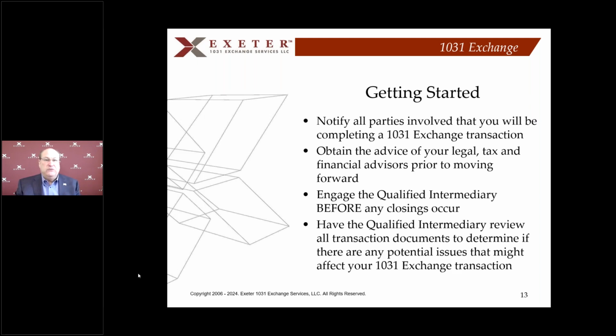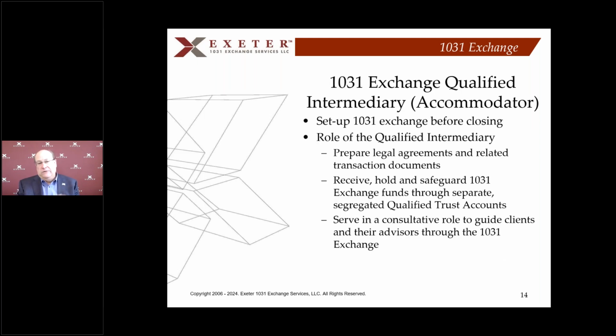Talk to the qualified intermediary. Hopefully you choose us. We'd love to work with you. We'll walk through the process, see if there are any issues, if we identify any problems, etc. Make sure the closing agent is aware of that, because their documents get drafted a little differently and they're going to have to redo everything if you don't tell them in advance. So be very careful that you notify the parties so they know what's coming.